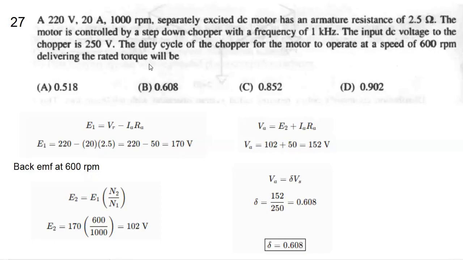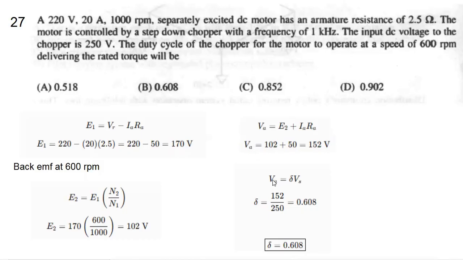If the torque is rated, then the current will also be the rated current. So IA into RA will be 20 into 2.5, which is 50. So VA equal to E2, that is at 600 RPM, which we found as 102, plus 50, equal to 152 volts. And this VA is now coming from the chopper.